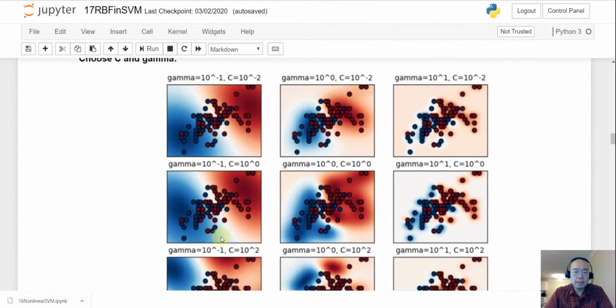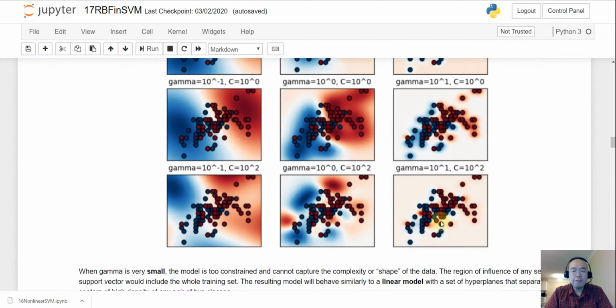This is another comparison of the different combinations of low, medium, and high gamma, and also low, medium, and high C. Again, on the upper left, if we have a low gamma and a low C, we have a linear decision boundary, so we didn't really capture the curves of the decision boundary.